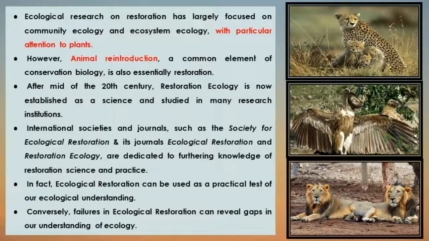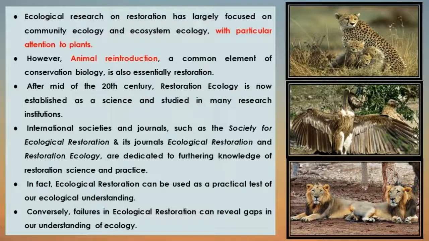However, animal reintroduction, a common element of conservation biology, is also essentially restoration. After the mid 20th century, restoration ecology became established as a science and is studied in many research institutions. International societies and journals, such as the Society for Ecological Restoration and its journals Ecological Restoration and Restoration Ecology, are dedicated to furthering knowledge of restoration science and practice.